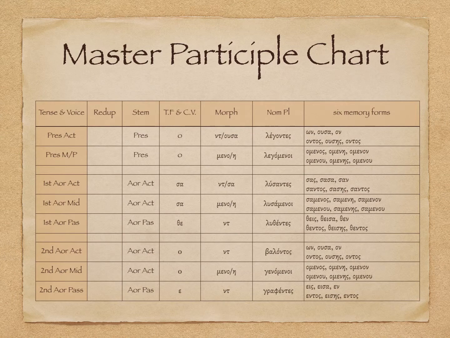Here's our master participle chart. And Mounce suggests 6 memory forms: the masculine, feminine, neuter, nominative, and genitive singular all the way across. And this helps us to have the pattern in mind.